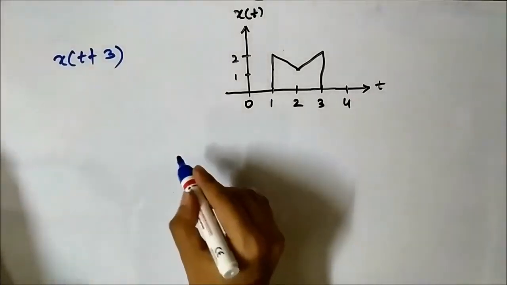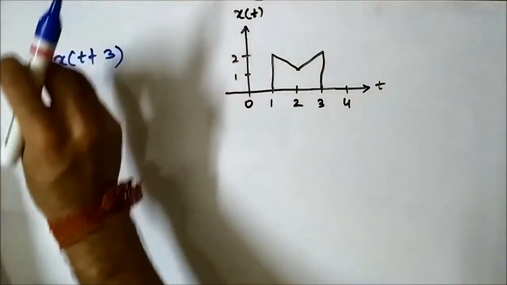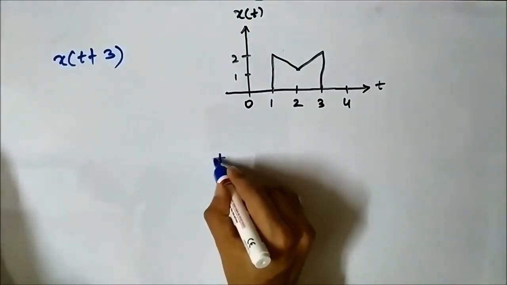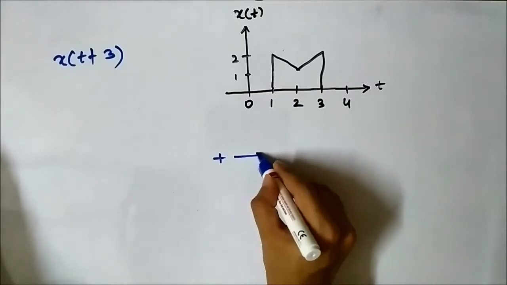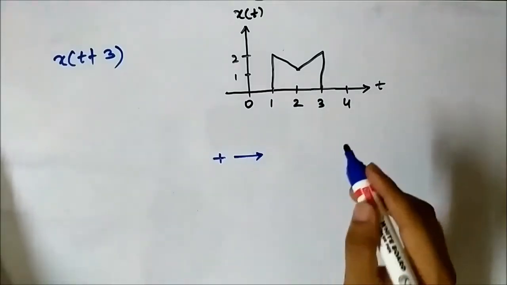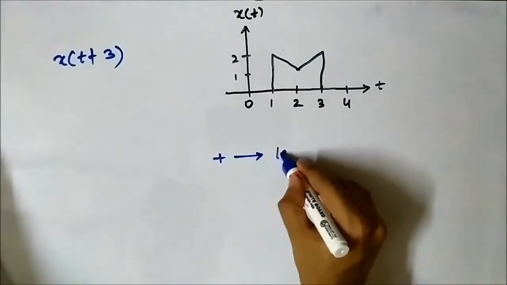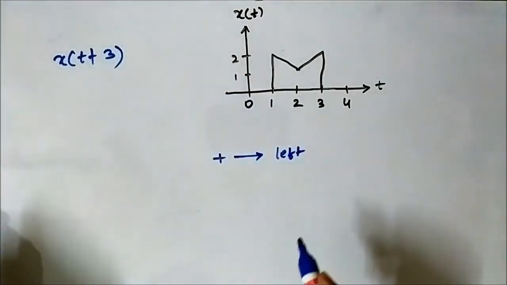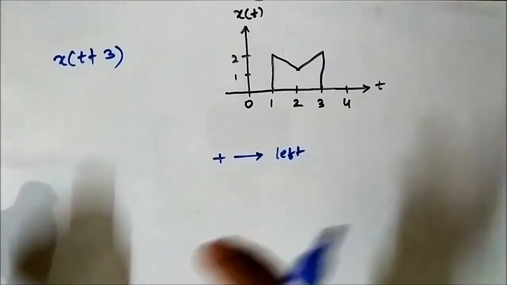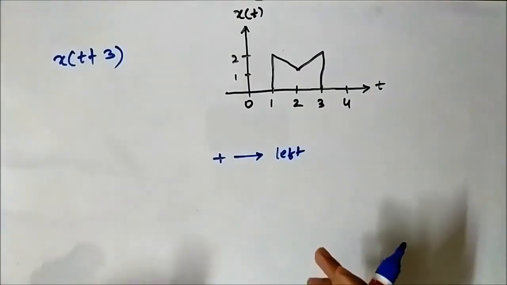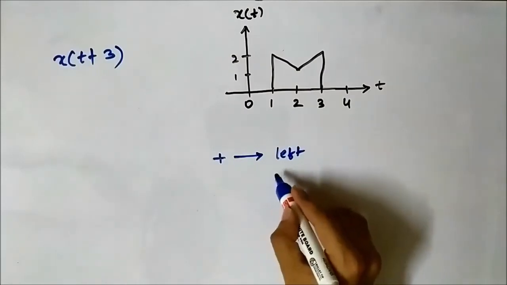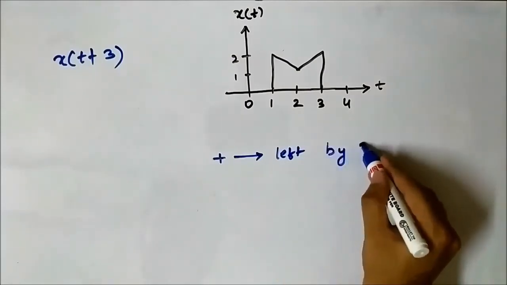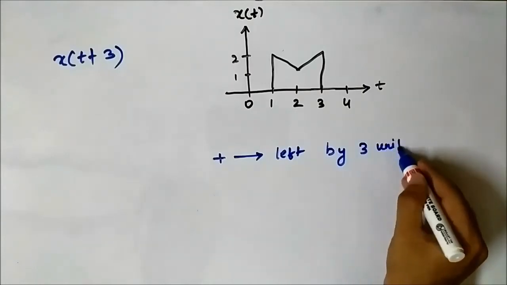I have already told you, when we see this kind of time shifted expression, the plus sign means that the shifting will take place to the left, and the value after the sign gives us by how many units the shifting will take place. So here the shifting will take place to the left by 3 units.